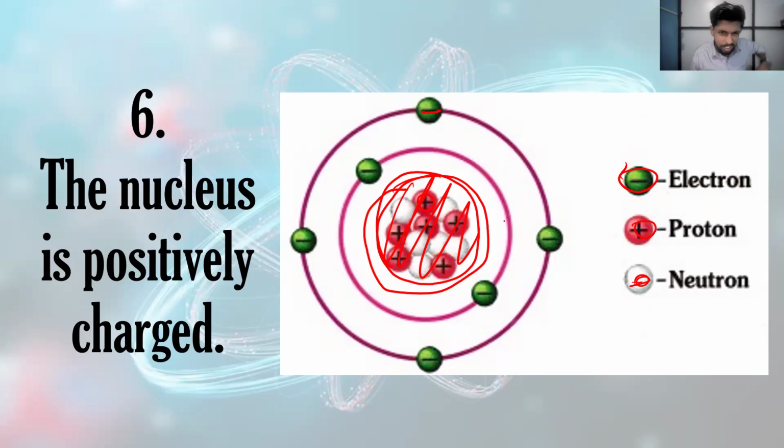The neutrons don't have any charges, so there is no need to worry. The protons will have positive charge, and because of that, the nucleus, the center part that I have shaded here, will have positive charge because of the proton.